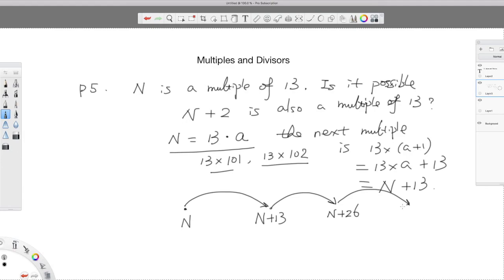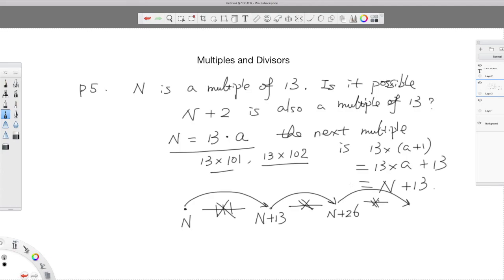And anywhere in between, there are no multiples of 13. It's a fairly obvious fact, but sometimes it's easy to forget, and this is a very, very important property.